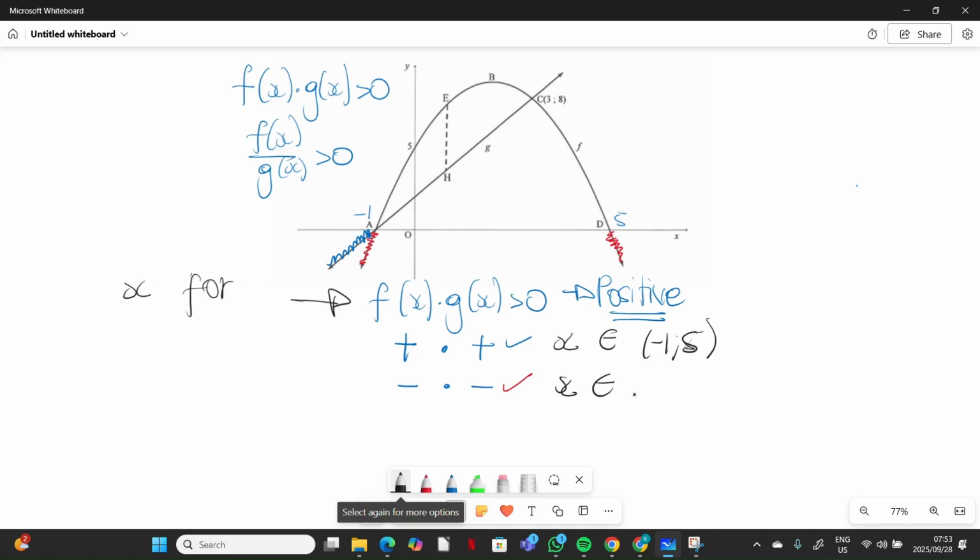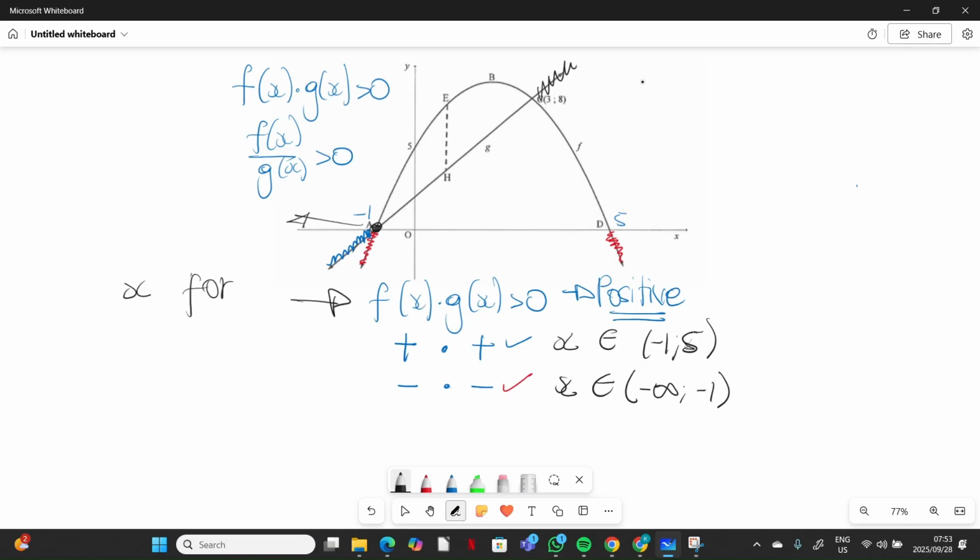It would be the element from negative infinity up until -1, because remember, they both start from -1 going to infinity, the x values. The x values, they start from -1 going to negative infinity, they become negative. We do not include the 5. Why don't we include the 5? Because on the 5 side, g of x is positive, and we want when they are both negative.